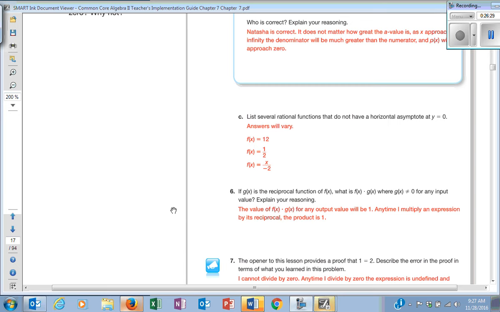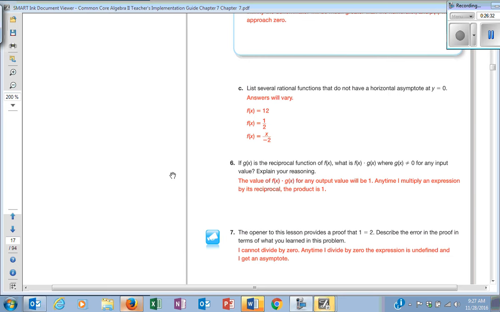All right. List rational functions that do not have horizontal asymptotes at y equals 0. They gave you a list right here. What do you know has to happen? In order for there to be no horizontal asymptote, your top power has to be bigger than the bottom.